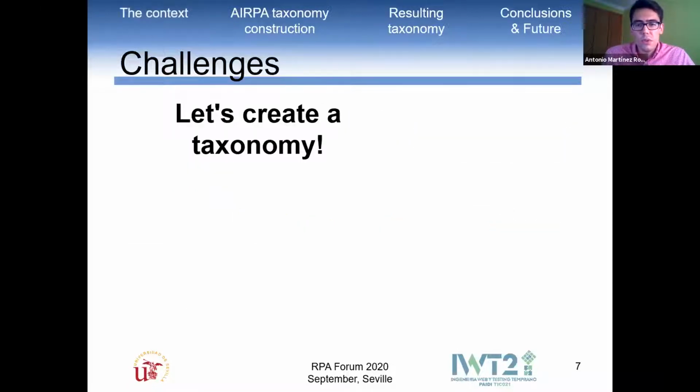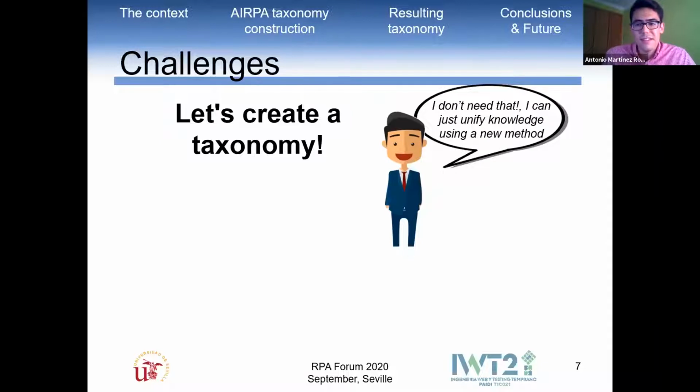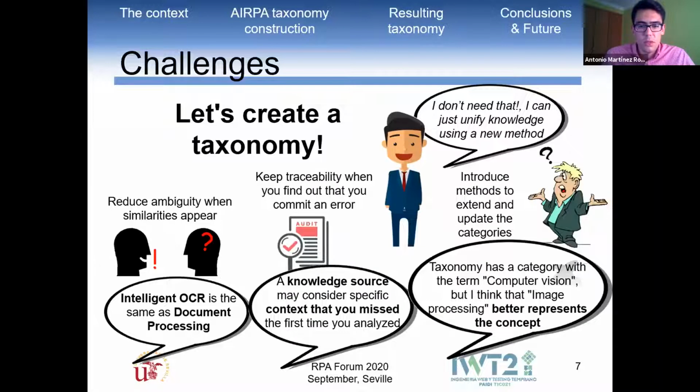The first solution we would think of is to define a new taxonomy to be the new standard. However, that solution is not going to be the one we take. We are going to propose a method to unify the knowledge we have and build an incremental taxonomy. Why?